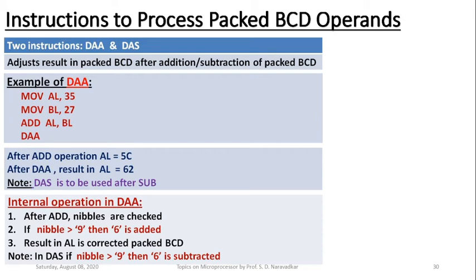The result in AL is the corrected packed BCD value, which is equal to 62 in this example. And then the bottom line is applicable for the DAS instruction. In case of the DAS instruction, if that nibble is greater than 9, in that case 6 will be subtracted. This example I have not taken.